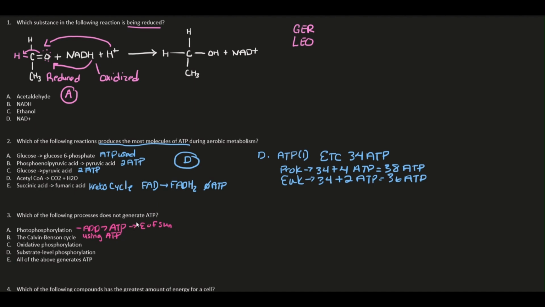C. Oxidative phosphorylation. It is the series of oxidation reactions leading to ATP synthesis. So it is creating ATP. So it's a production of ATP. D. Substrate level phosphorylation. ATP is produced in this one. So the phosphate groups of substrates leave to bind to ADP or GDP.